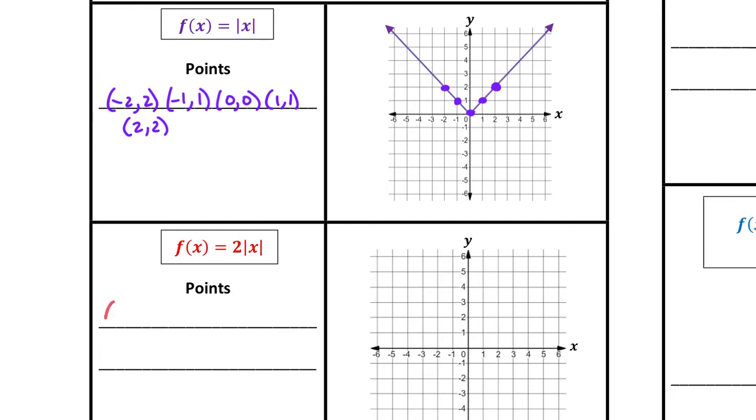I'm going to put it into this function. If I put -2 as my input, let's write it out: 2 times the absolute value of -2. What's the absolute value of -2? Positive 2. What's positive 2 times positive 2? 4.